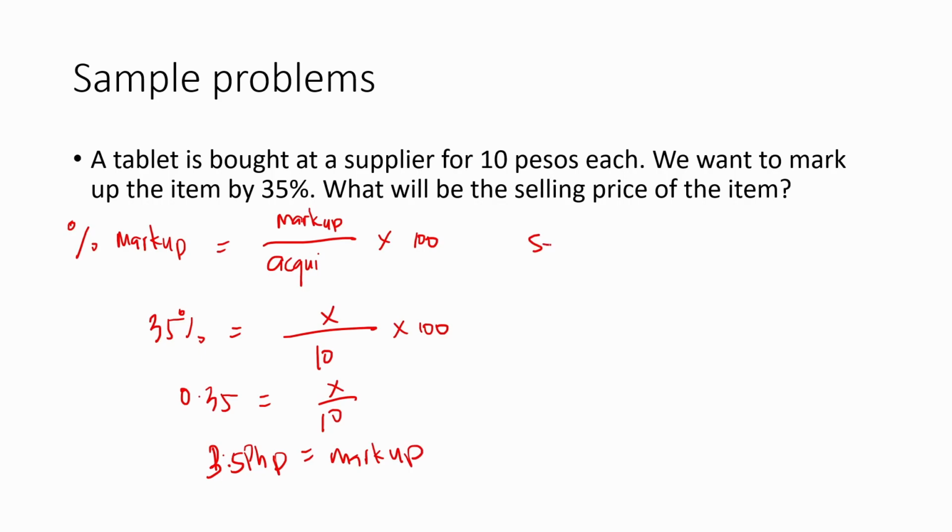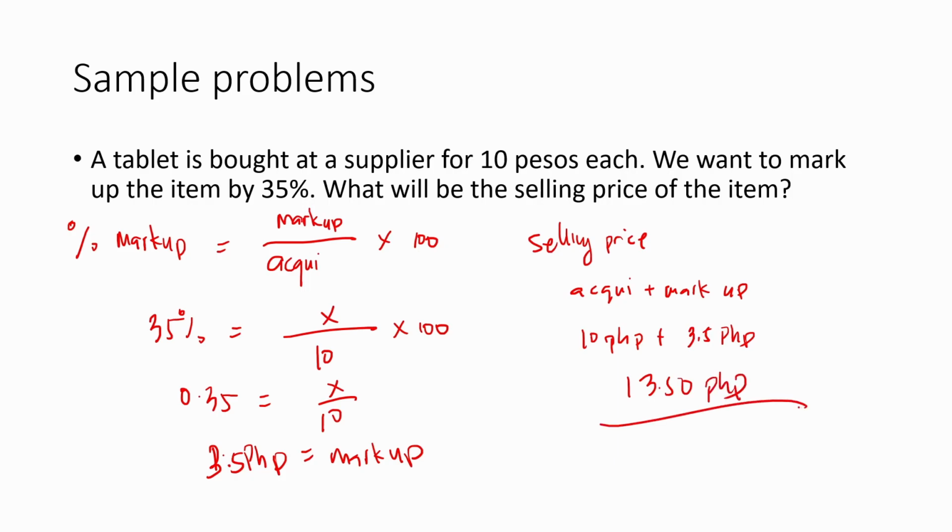So the selling price is our acquisition price plus markup. So it's 10 pesos plus 3.5 pesos. That's 13.50 pesos. Or a much simpler one is you simply multiply it with 1 plus 0.35. You would still get 13.50 pesos. If you're a graduate of ABM, I think this would be very easy for you.